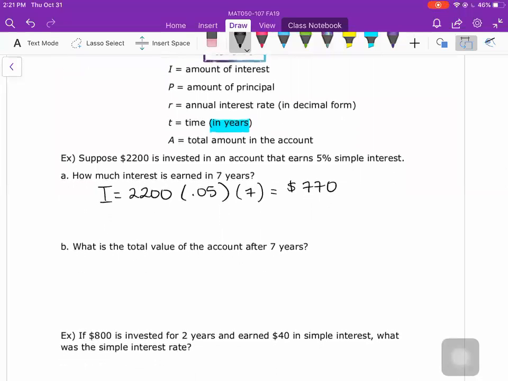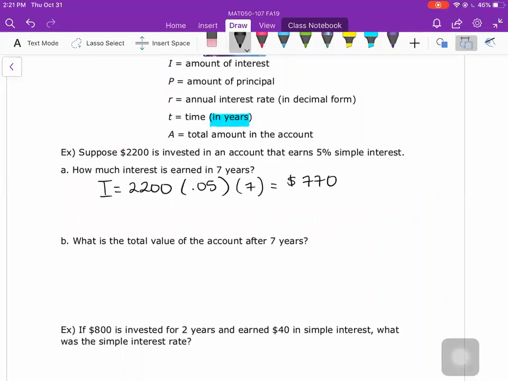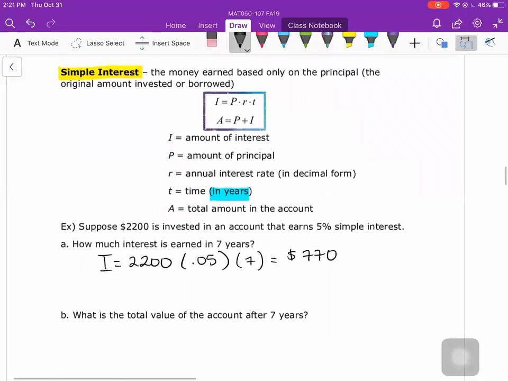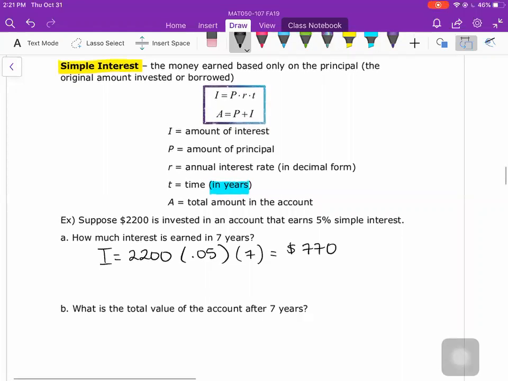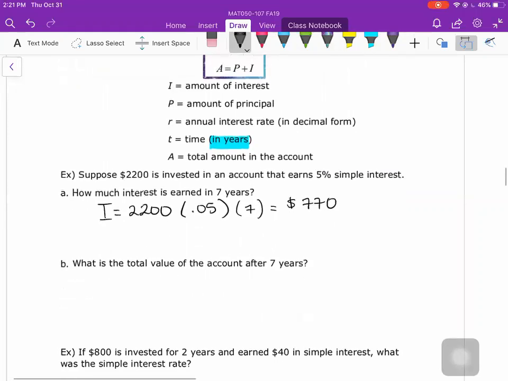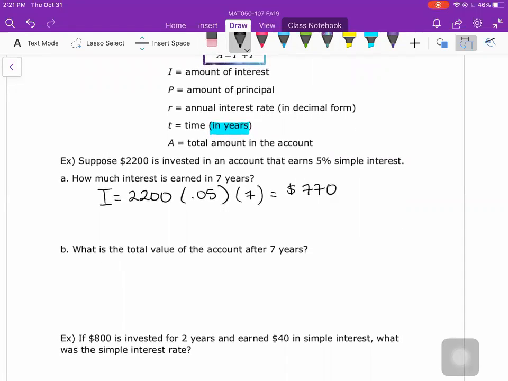So what's the total value of the account after 7 years? Then you take 2,200 and add 700, right? Yep. So again, if we look back at those formulas, the amount is equal to our principal plus our interest. So that future amount, or the total amount in the account, which is what we're looking for, is equal to the principal, 2,200, plus the interest.